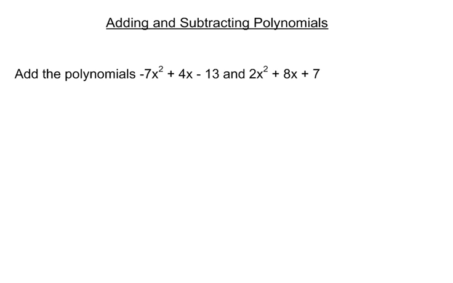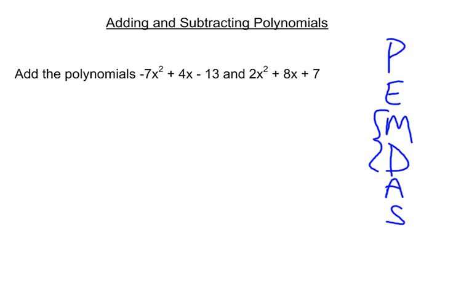If you remember when we were looking at exponents, we talked about PEMDAS. So over on the right, I'm going to put PEMDAS. And we talked about how multiplying and dividing were together and adding and subtracting were together.